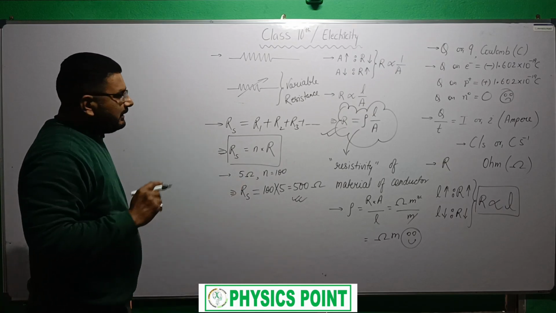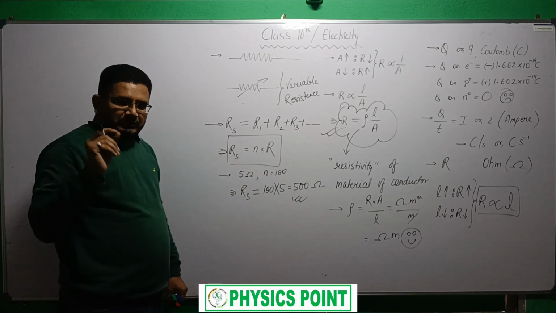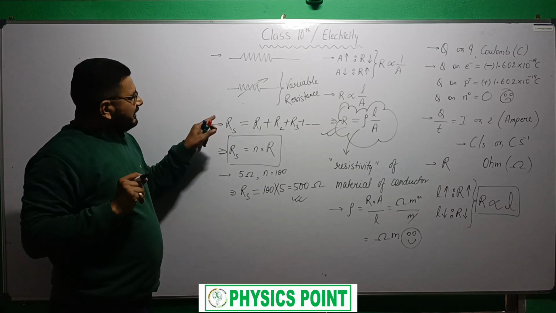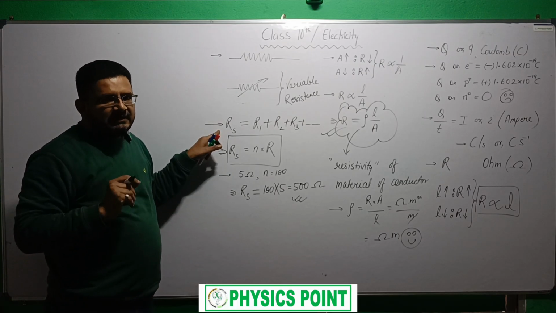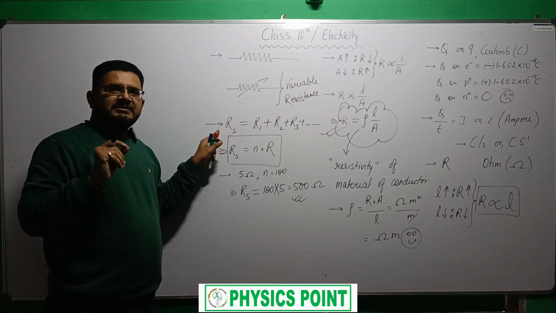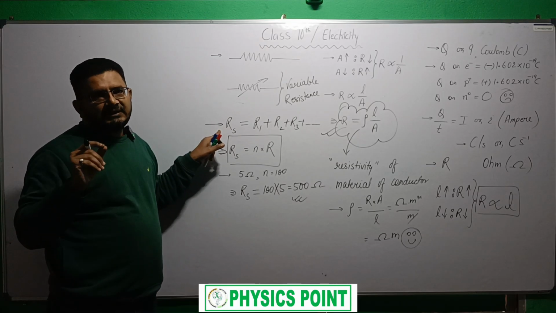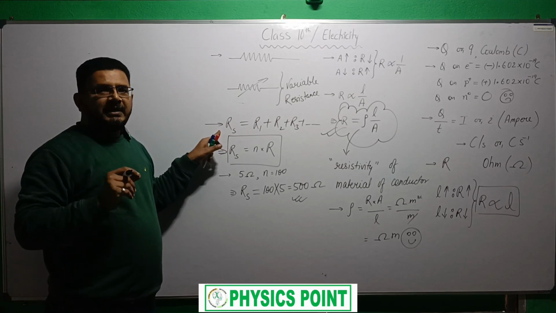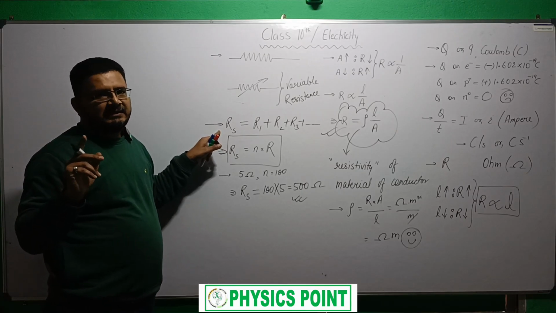Right? Another important point to take into consideration is that when resistances are connected in series, the potential difference across different resistances is different, but the current flowing through all resistances is the same.